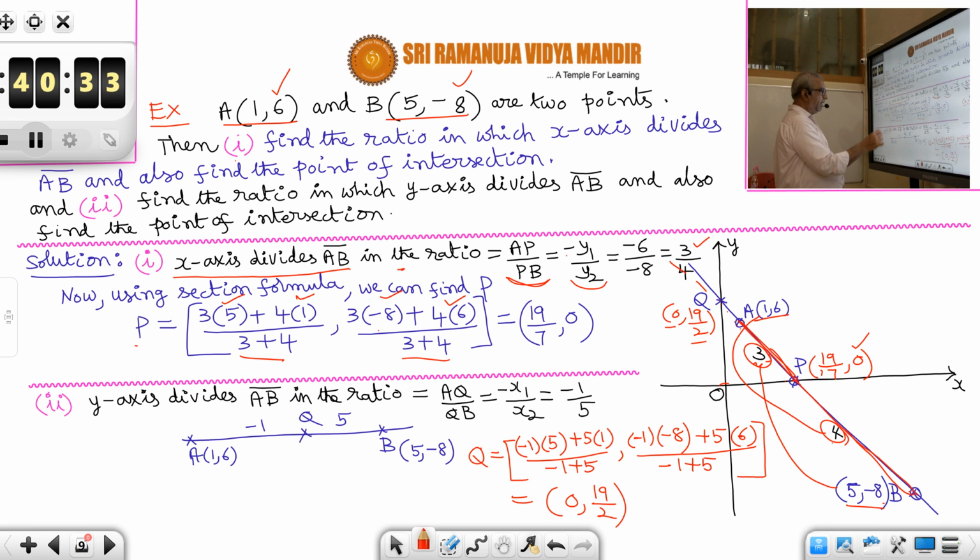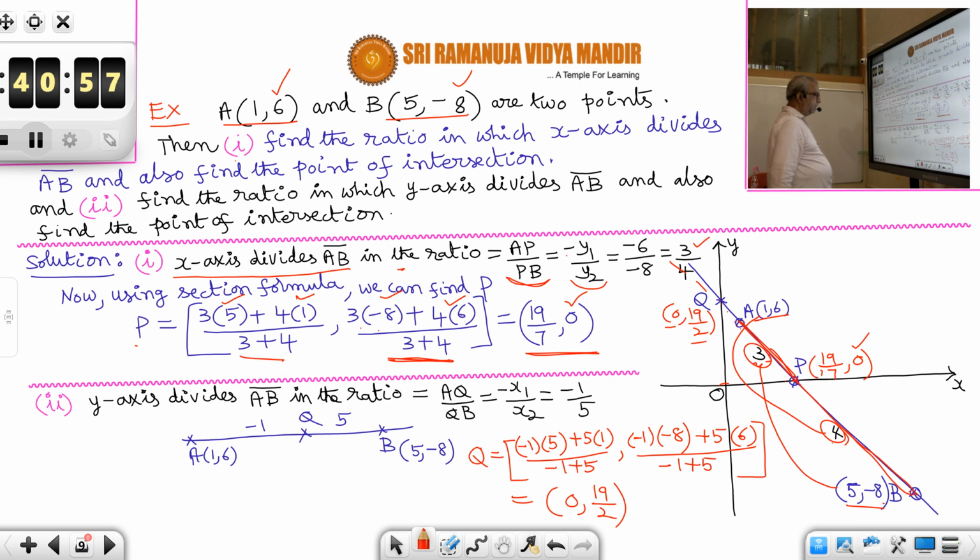So 15 plus 4, 19 by 7, comma, minus 24 plus 24, 0. So 19 by 7, comma, 0. Y coordinate you should get 0 because it is a point on the x-axis. So the point of intersection of this line segment AB with x-axis is (19/7, 0).